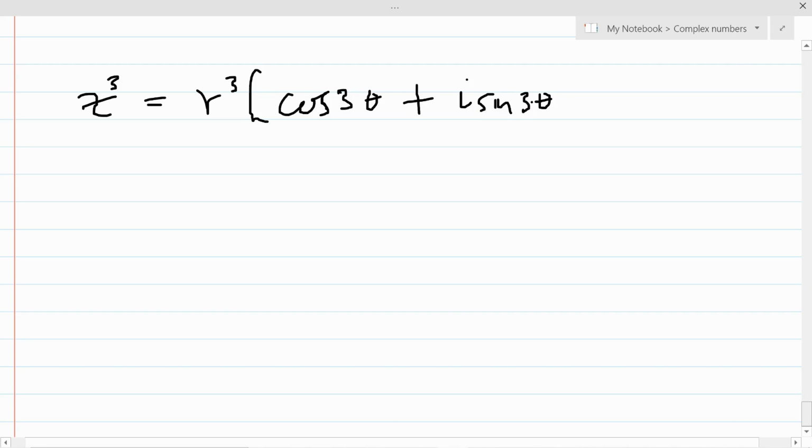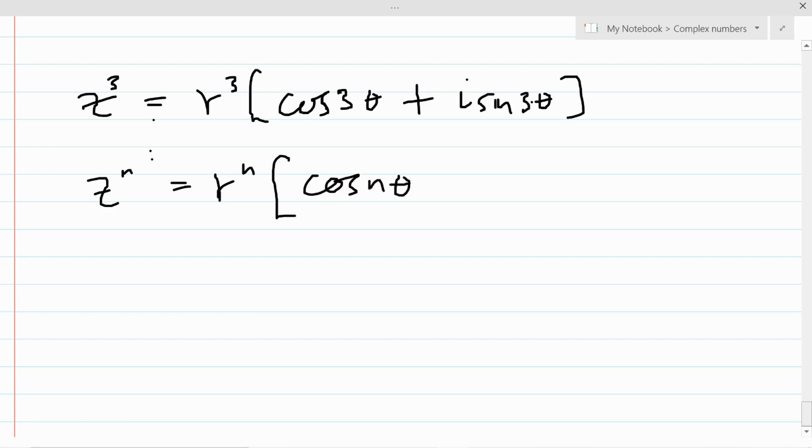Now it means that if I continue to any n, z to the power n is equal to r to the power n, then cos n theta plus i sine n theta. So generally, if you have a complex number to a certain power, this is what the expansion will be.